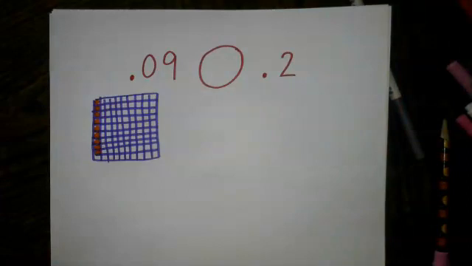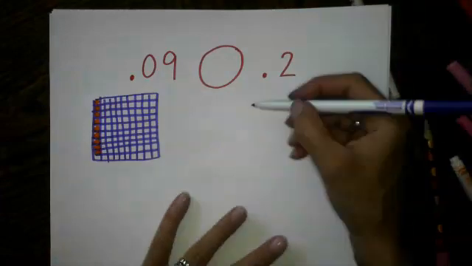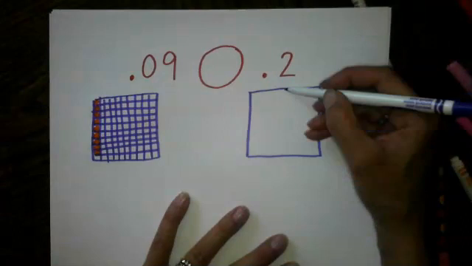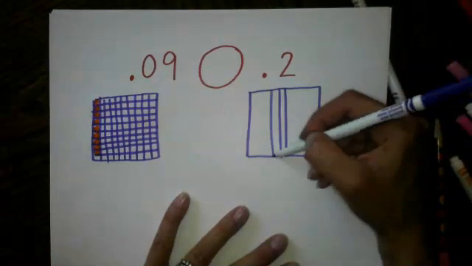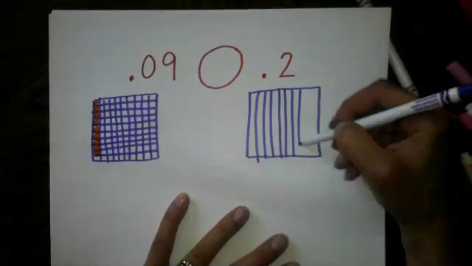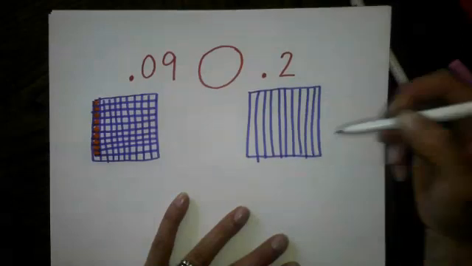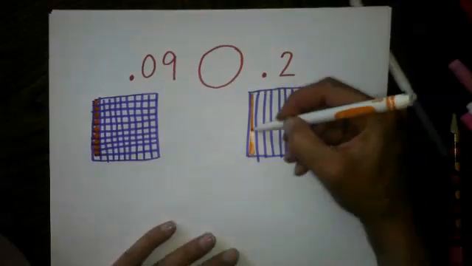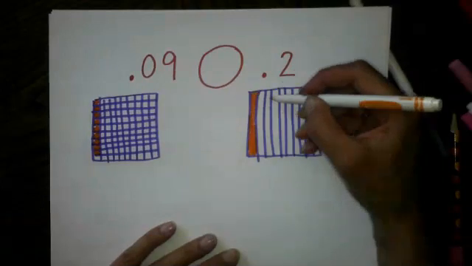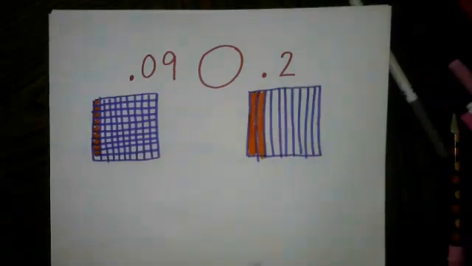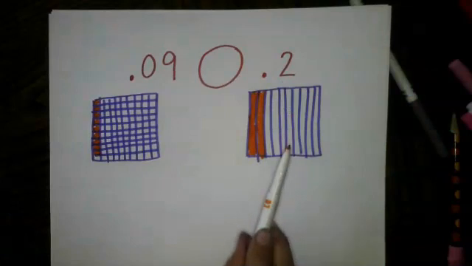All right, now I need to compare that to 2 tenths. Okay, and I color in 2 tenths. I've got this whole row here, but then I have another whole row here. So I've actually colored in or shaded in more of this model.